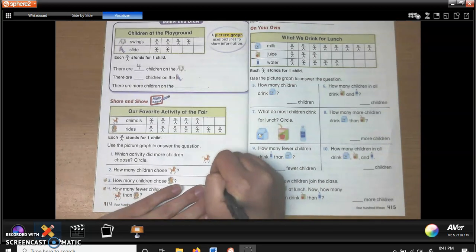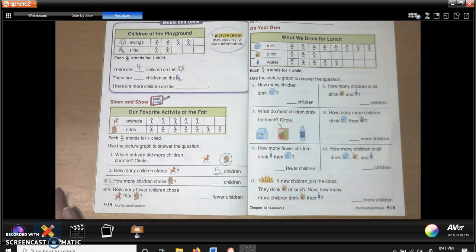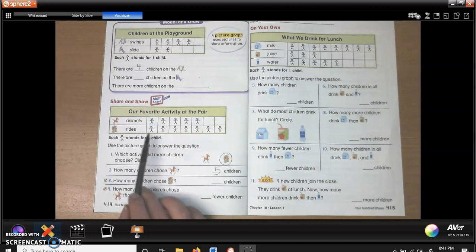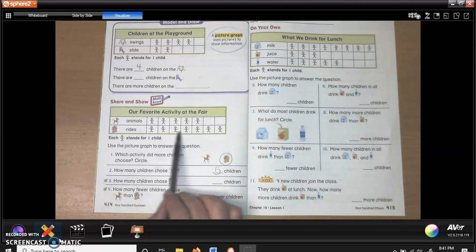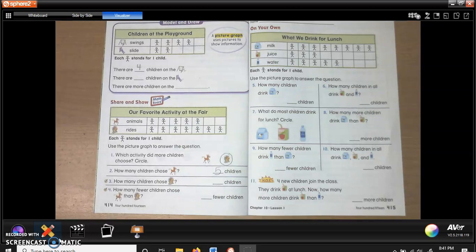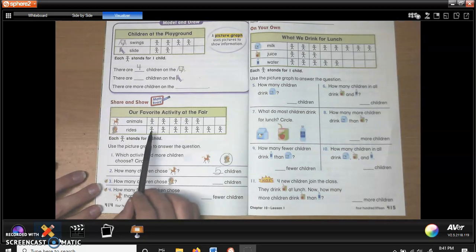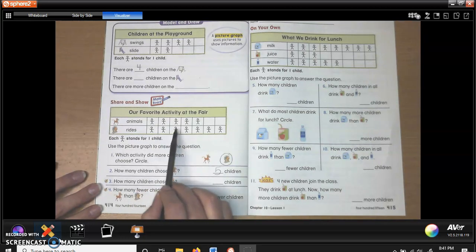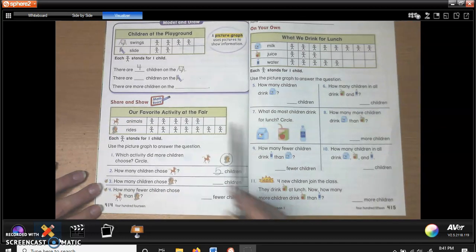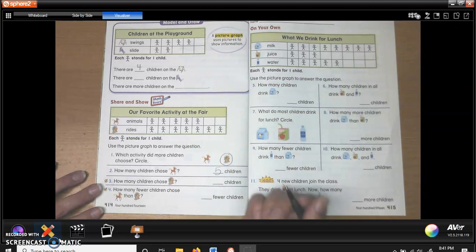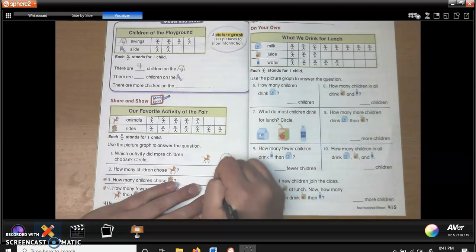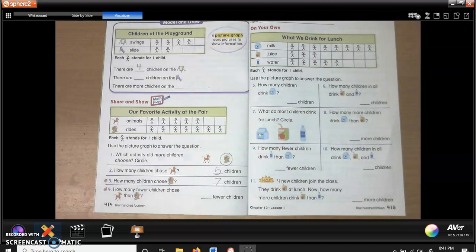So I know that 5 children chose animals. Now, how many children chose rides? So go ahead and come up here to rides and count the amount of children that chose rides as their favorite activity. Okay, so I'm going to count these. 1, 2, 3, 4, 5, 6, 7. So 7 children chose rides. So I'm going to go ahead and write 7 as my answer on that line.